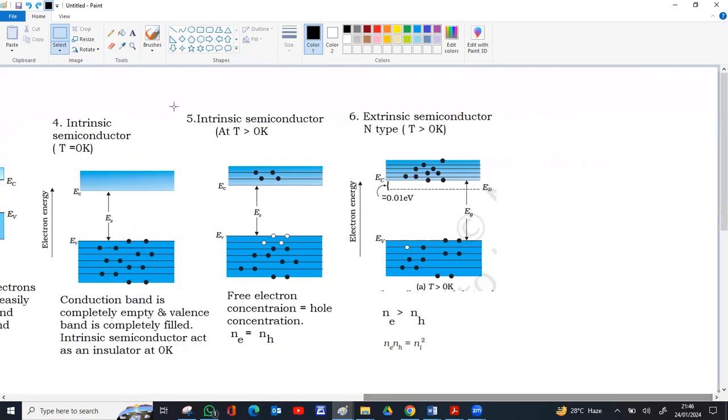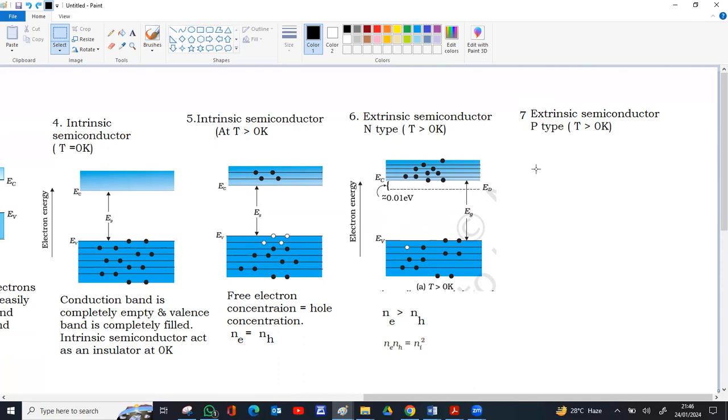Now the second type of extrinsic semiconductor is p-type semiconductor. In n-type semiconductor, we dope with group 15 into group 14. Here we are doping with group 13 atoms into group 14.